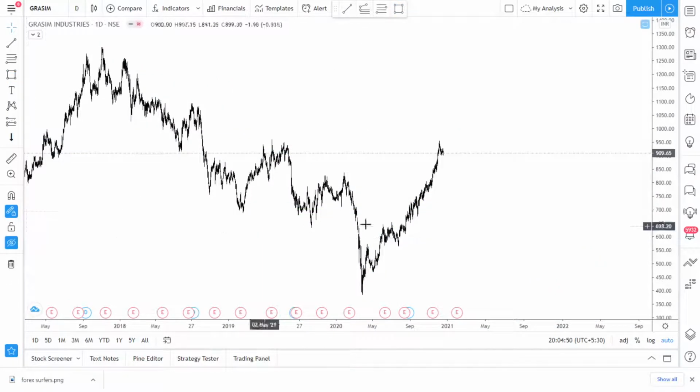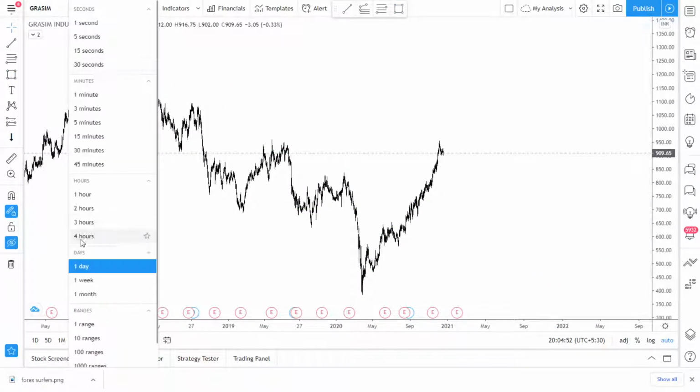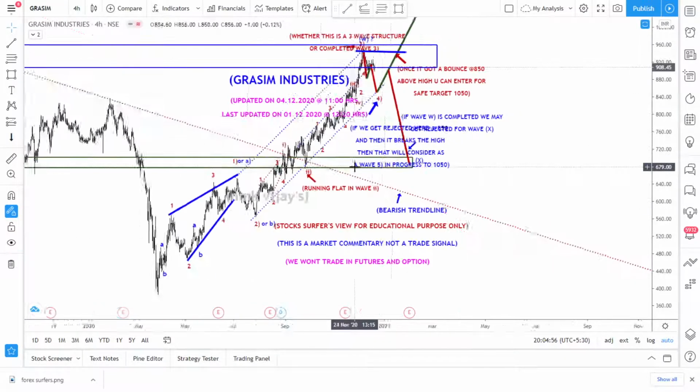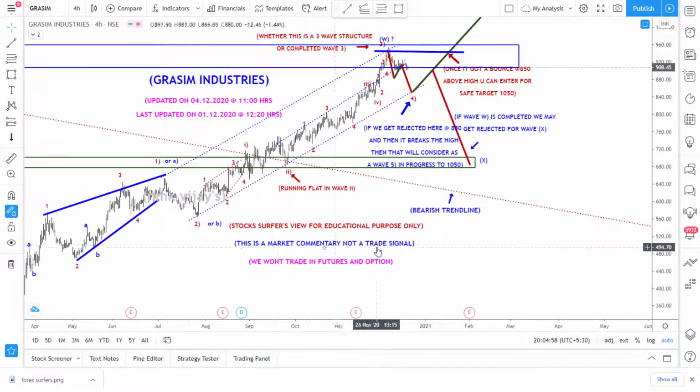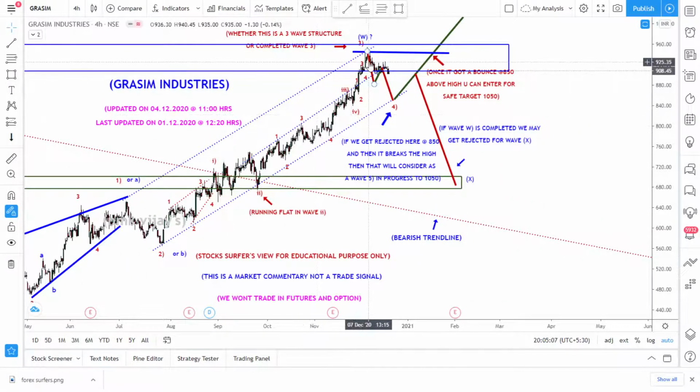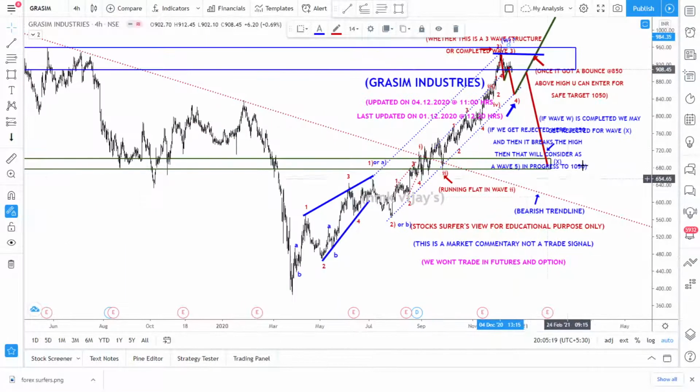So whether this is the end of that correction part, this is the leaning diagonal 1 or A, this is a B or 2. So we already completed that C wave in the 5-wave structure. So whether this could be a third, or this could be A, B, C as an A or W, and we may get a deeper correction to 600 is also possible.